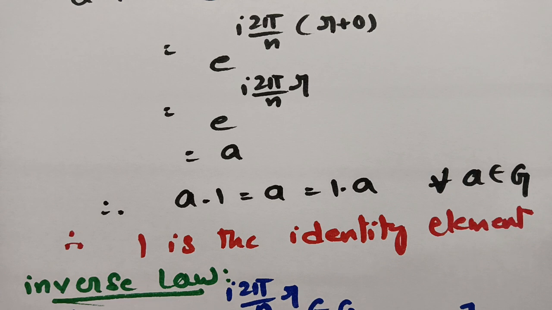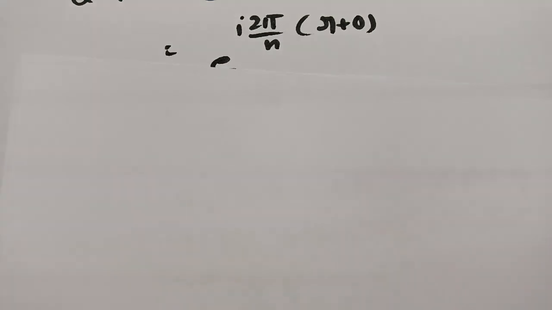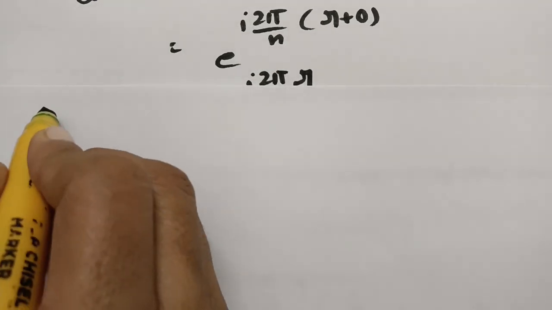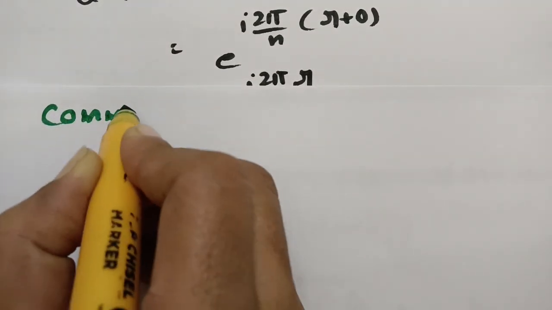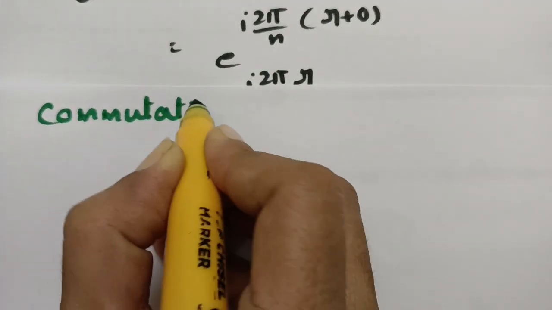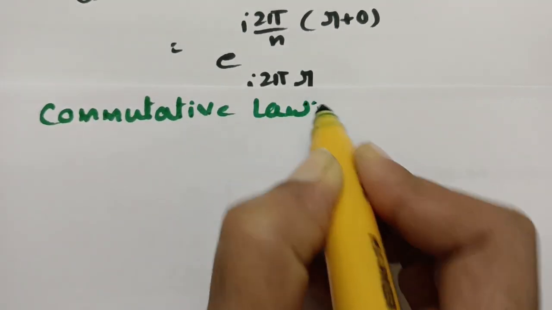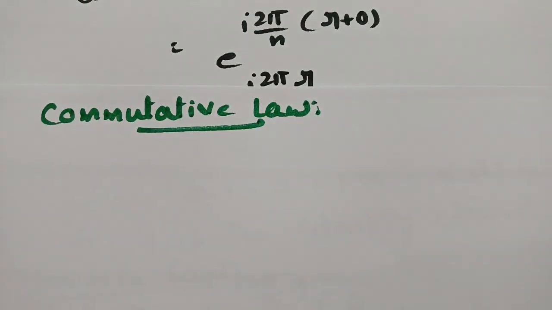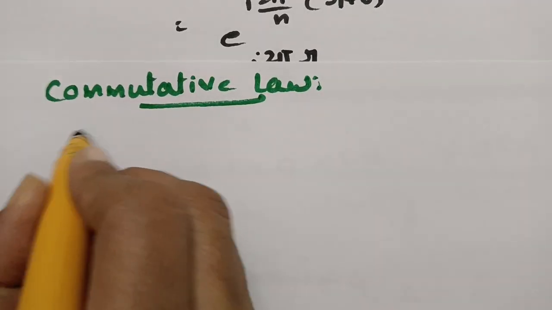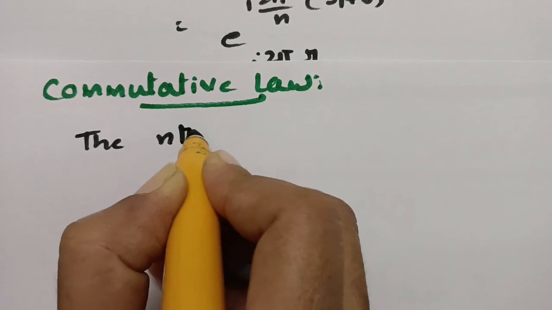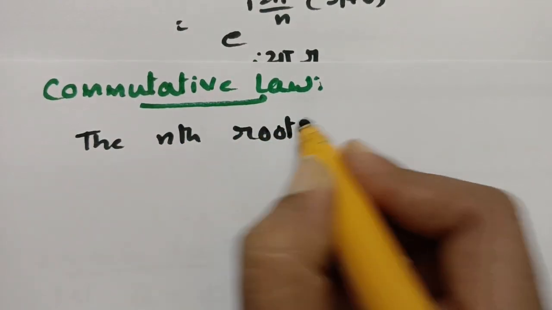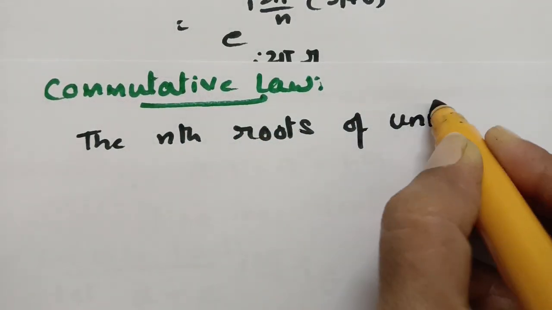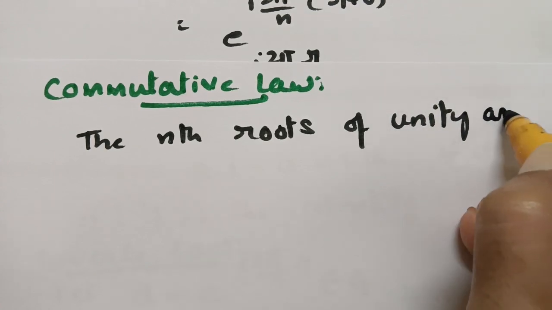So for the commutative law, see here, I am clearly writing that the nth roots of unity are complex numbers.